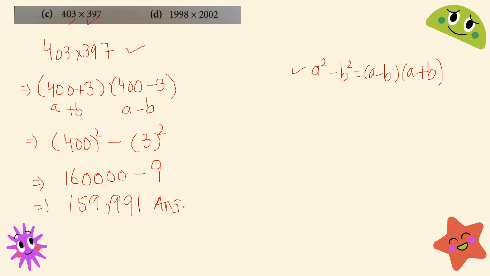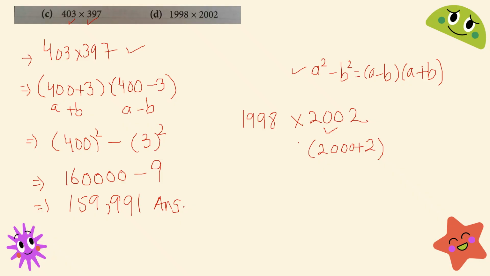Now in the same way we will be thinking about question part D, 1998 multiplied by 2002. Now I can see in this, if I look at the second number first, that is 2002, it will be of course 2000 plus 2, right?